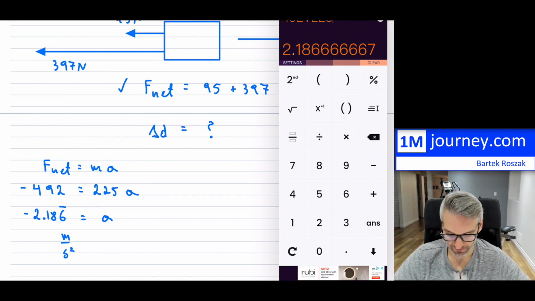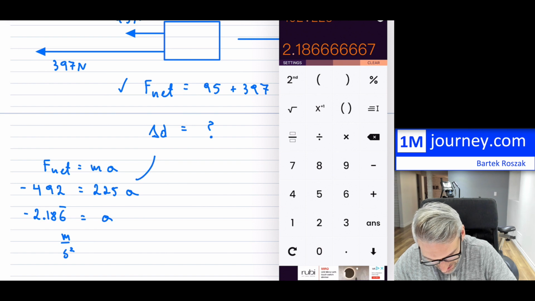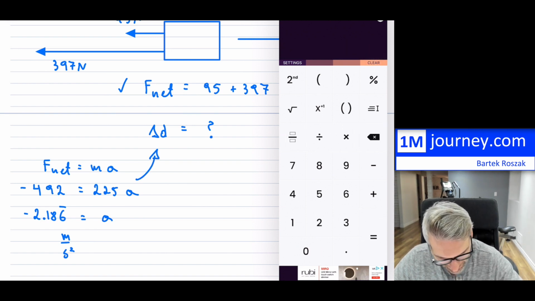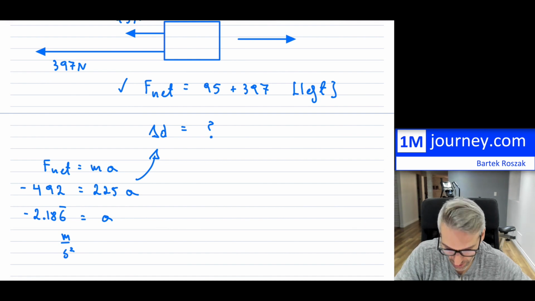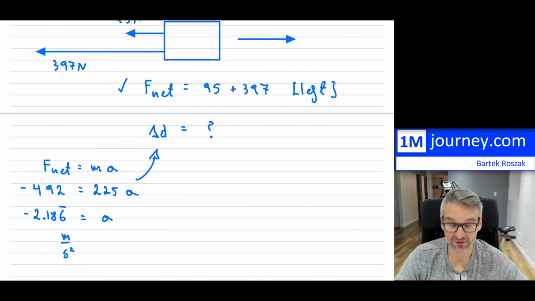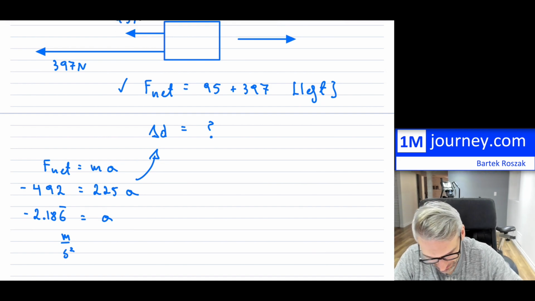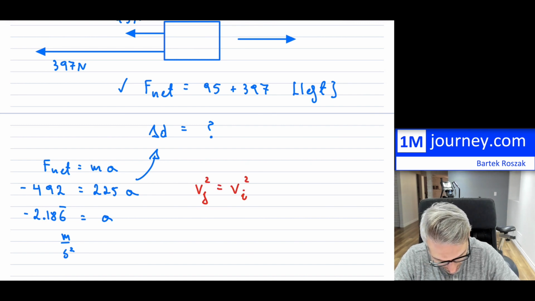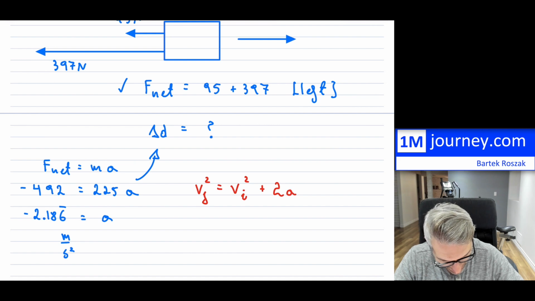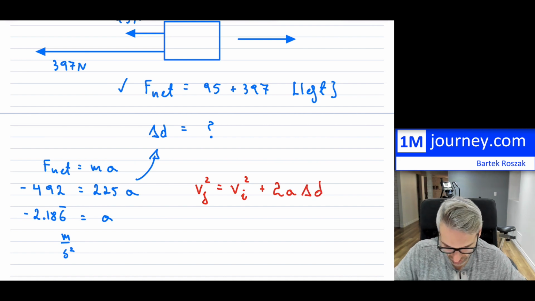So we have the acceleration now, but that's still not enough because we need to find the displacement. Let me go back and think about how to get it. I can certainly find the total time, but thinking back to kinematics, V final squared is equal to V initial squared plus 2 times A times delta D. So actually, I don't need the total time.